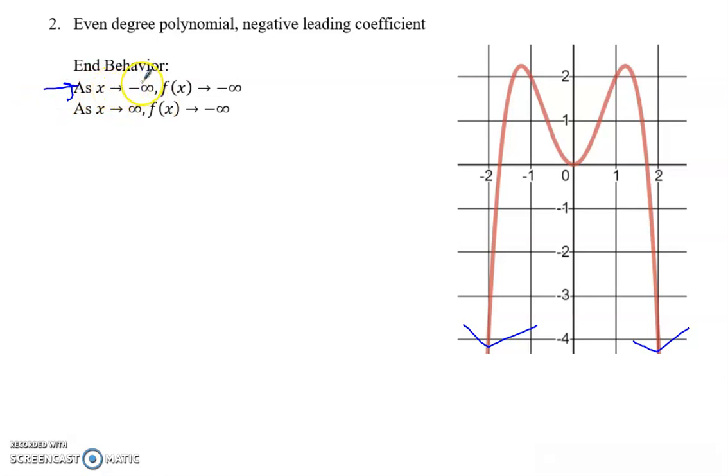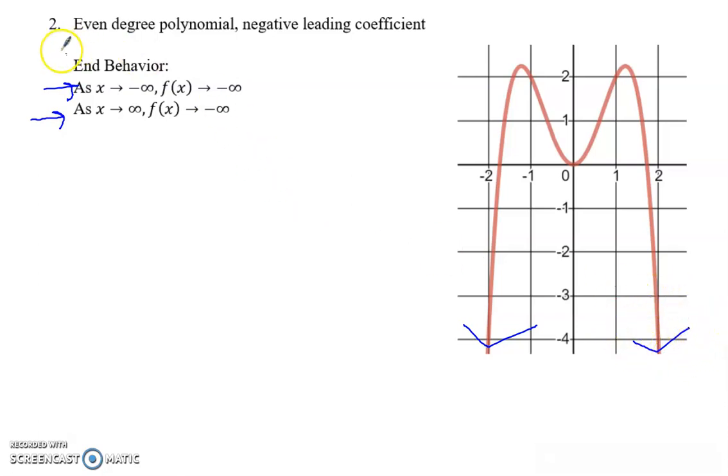As x approaches negative infinity, f of x approaches negative infinity, because as we go all the way to the left, we're going down to negative infinity. This one is the right end behavior. As x approaches positive infinity, f of x approaches negative infinity, because as we're going to the right, we are going down. So we are going down to negative infinity.